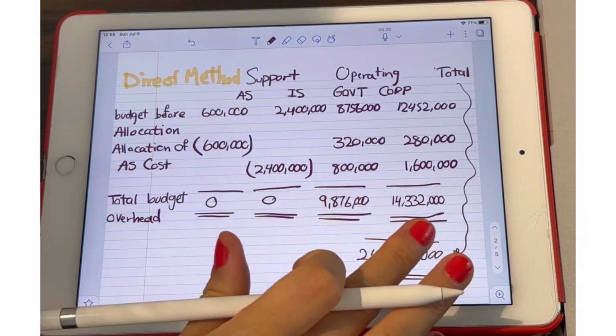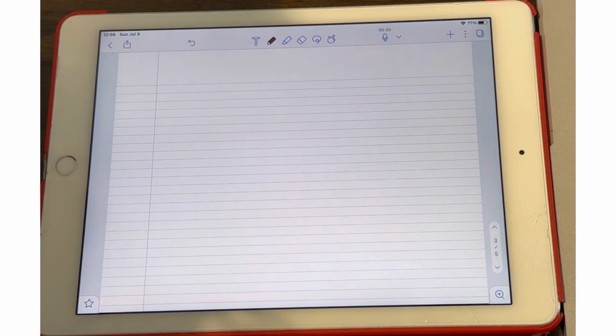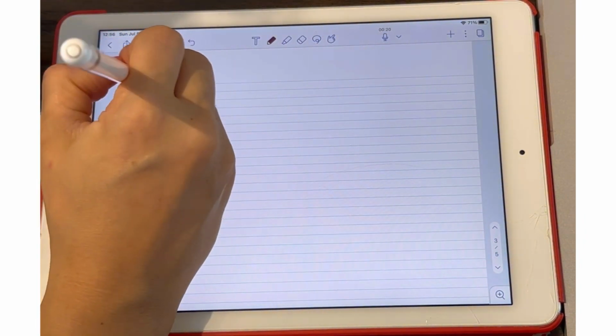So this one is the direct method, which was so easy.